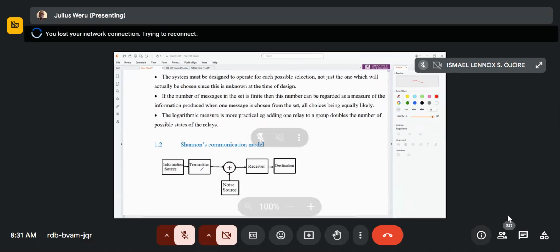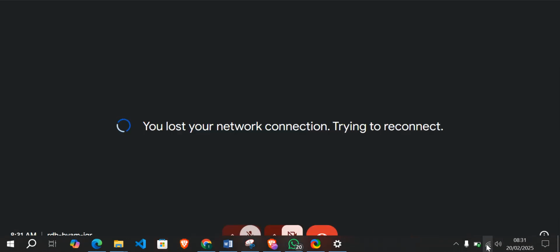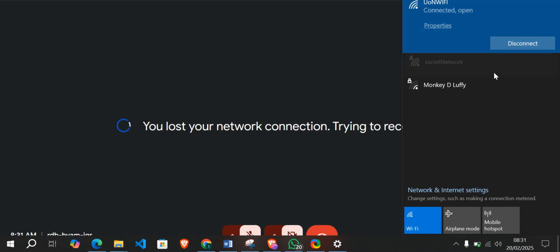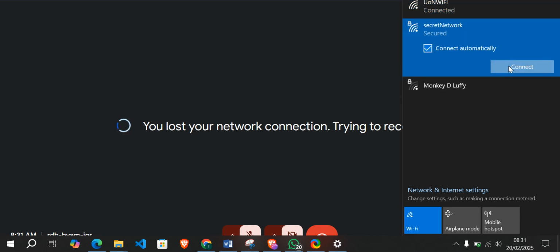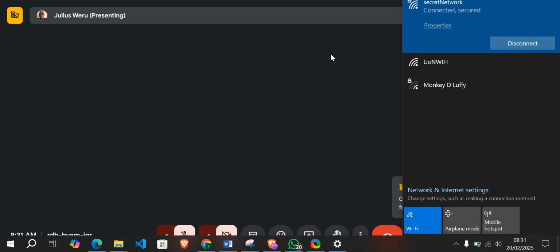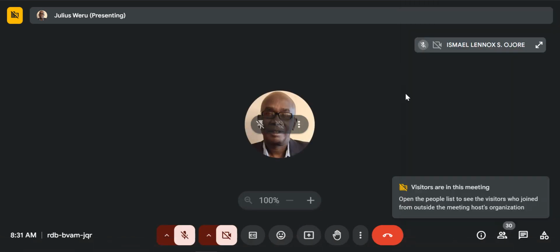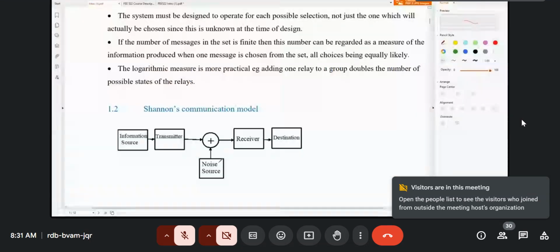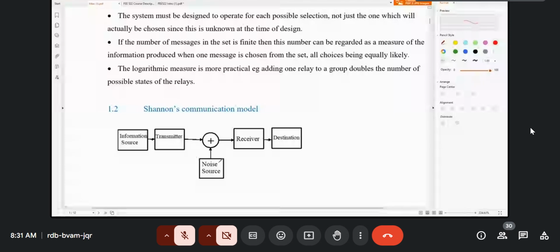Of course, you have the noise. Yes, noise. So you have to model noise also. There are many possible sources of noise, both within and without the communication system.